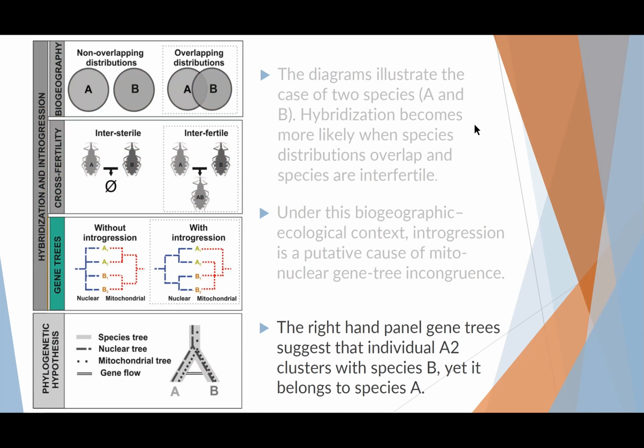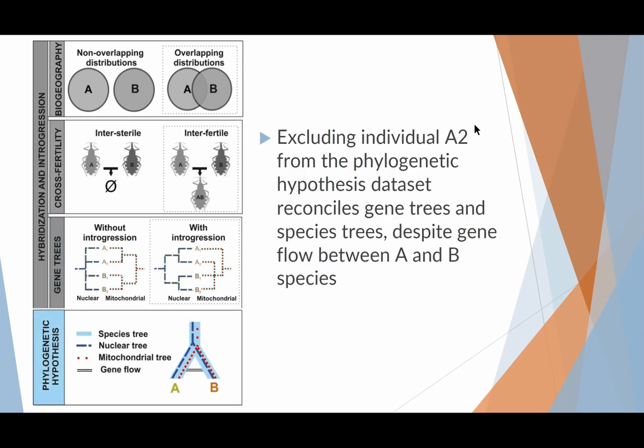The right-hand panel, gene trees, suggests that individual A2 clustered with species B, yet it belongs to species A. Excluding individual A2 from the phylogenetic hypothesis dataset reconciles gene trees and species trees, despite gene flow between A and B species.